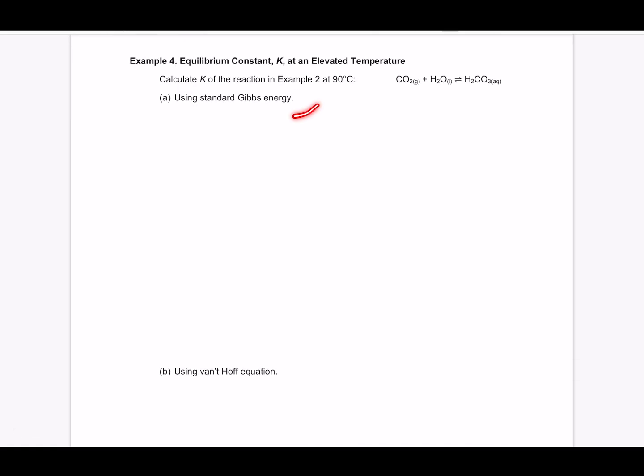First, we can do the approach of Gibbs energy, so it's specifically asking us to do Gibbs energy.